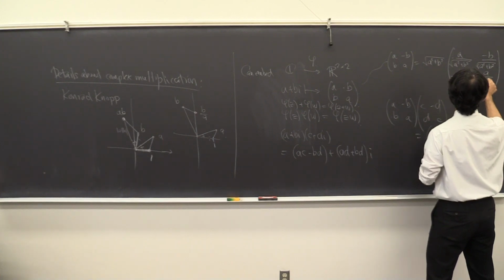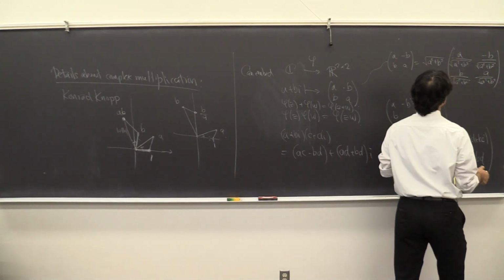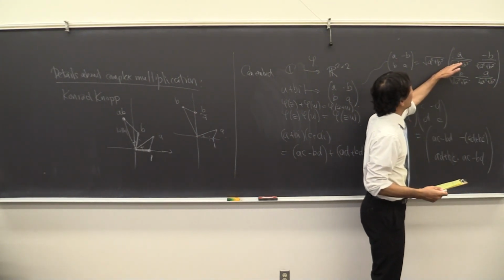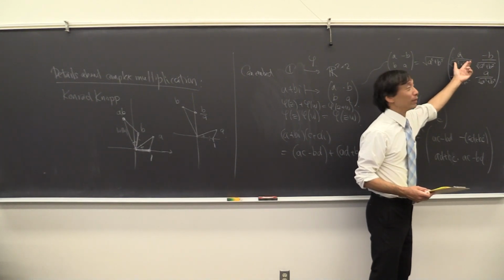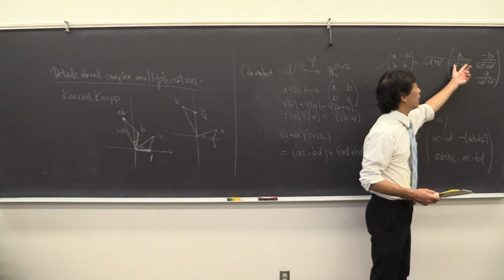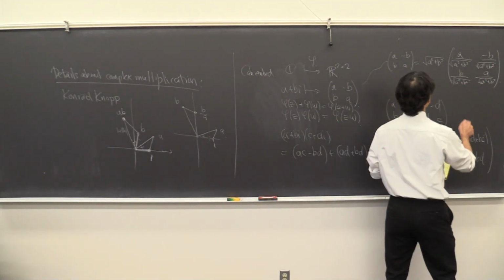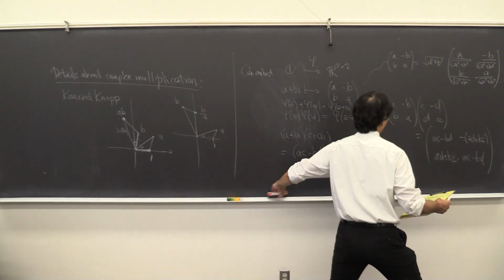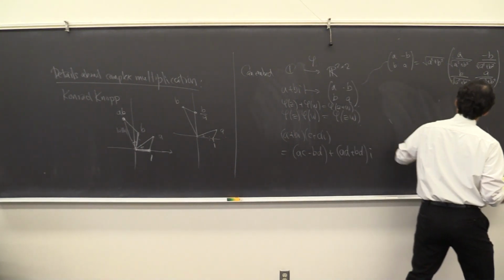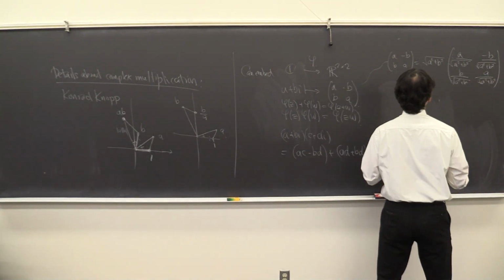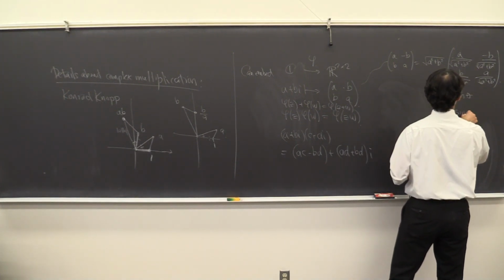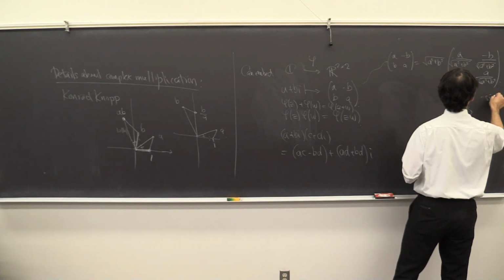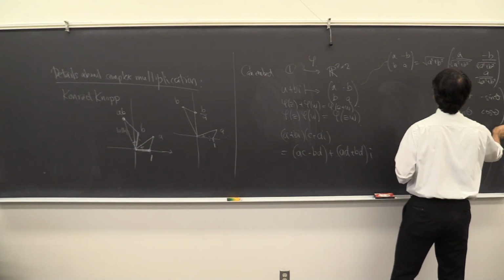And you think about this, well, this is the cosine of the angle, and this is the sine of the angle. So what you have here is cosine of the argument, negative sine, sine, cosine.